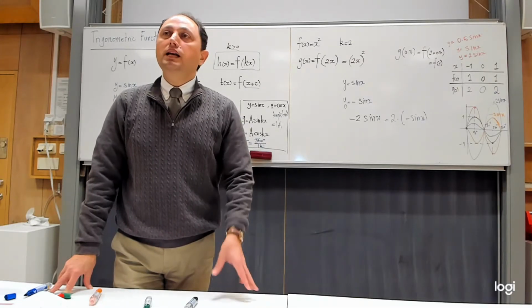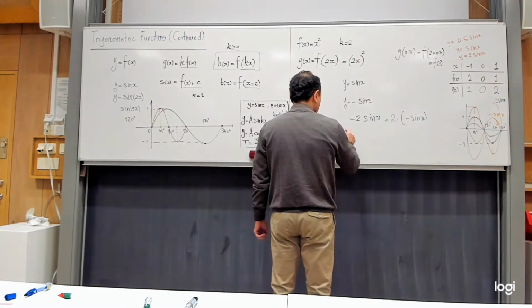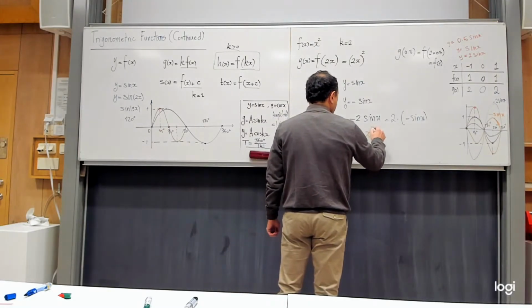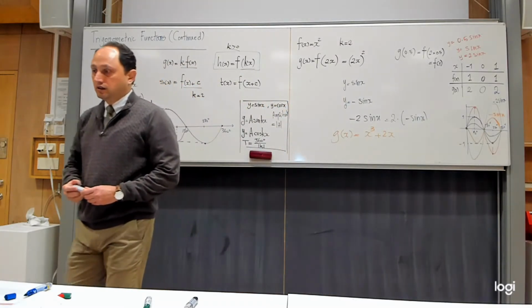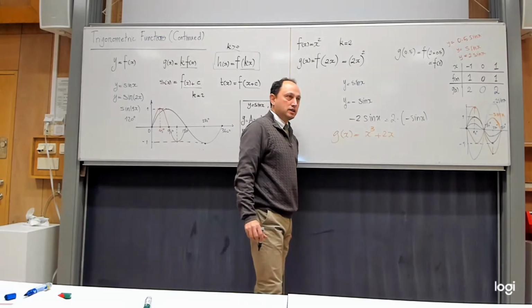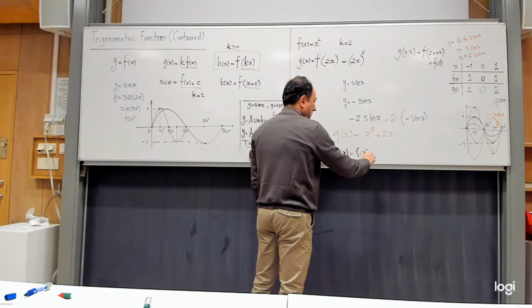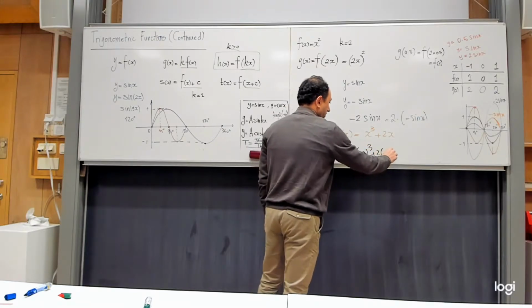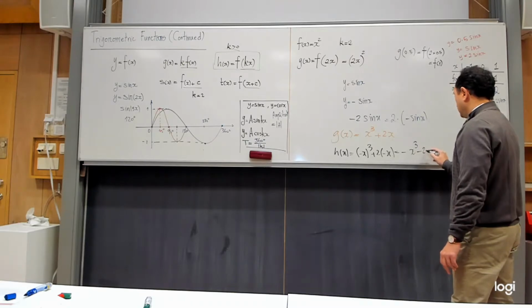If I give you any function, for example, if I give you the graph of this function, okay, and I ask you to change x to minus x everywhere to produce a new function. And let me simplify that. This function.